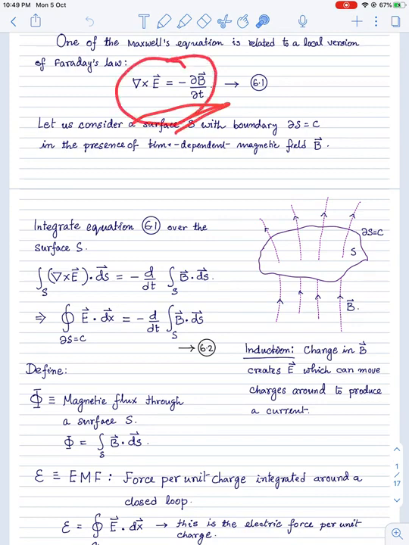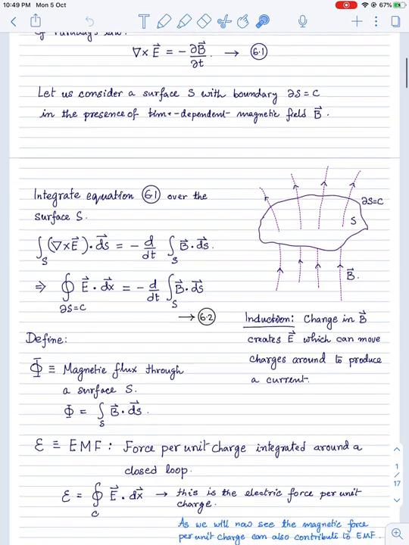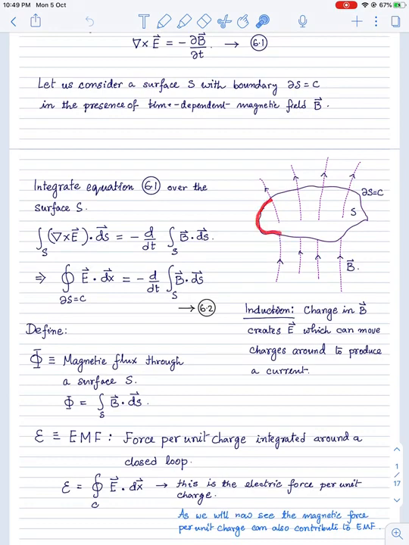So this local equation tells us that a changing magnetic field essentially gives rise to some kind of an electric field. Now, if there is some kind of a conducting wire along this loop, then this electric field will produce a force per unit charge on the charged particles living inside this conducting wire, and that would result in a current flowing through the wire.